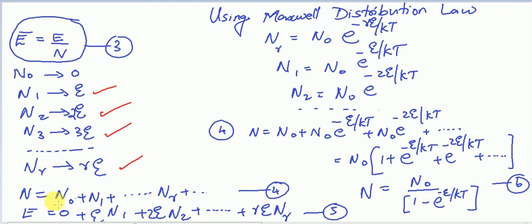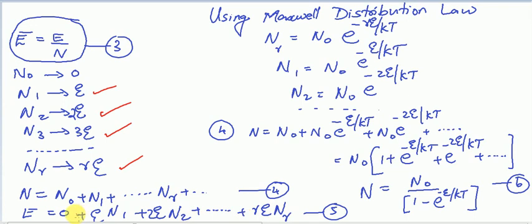So we can write n, the total number, as the sum of n0 plus n1 plus n2 and so on up to nr, and the total energy is the sum of 0 plus E n1, because there are n1 particles with energy E, plus 2E times n2, since n2 particles have energy 2E, and so on.